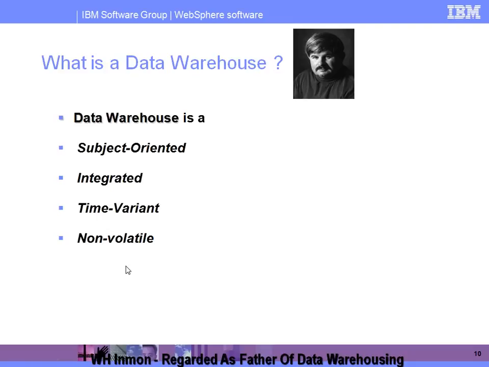These are the main characteristic features of a data warehouse. What is the meaning of subject oriented? What is the meaning of integrated? What is the meaning of time variant? What is the meaning of non-volatile?